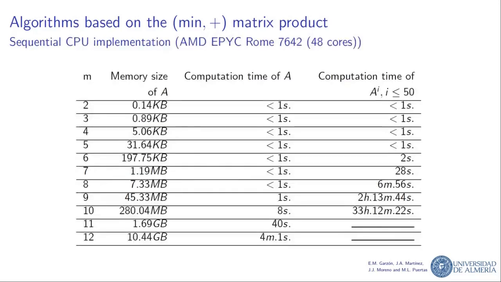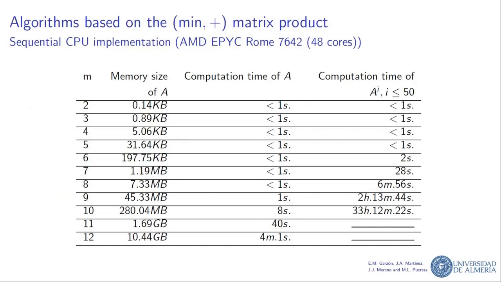So we tried the same idea as the previous case, a SQL implementation, and we did the cases with n between 2 and 12. So you can see here again the memory size and the computation time of the matrix A. For the largest case, n equal 12, it is not a lot, it's just 4 minutes.